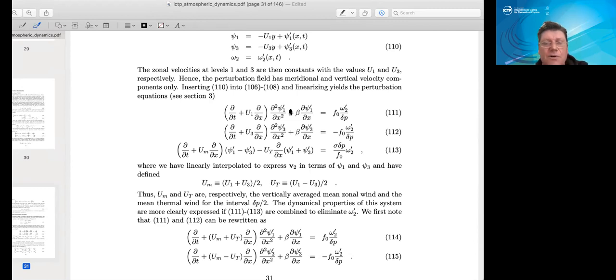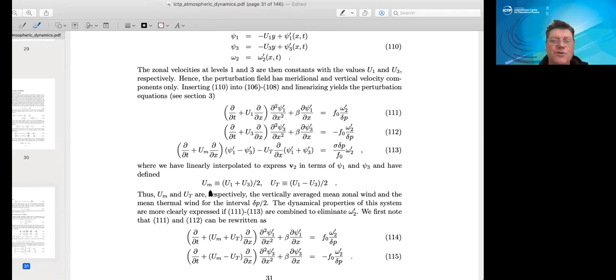Homogeneous, because there's no term that is not proportional to any of the variables. But before we insert perturbation quantities, we will modify the system a little bit.